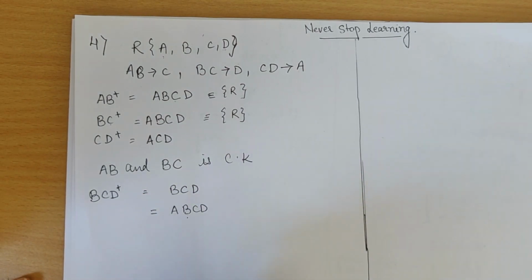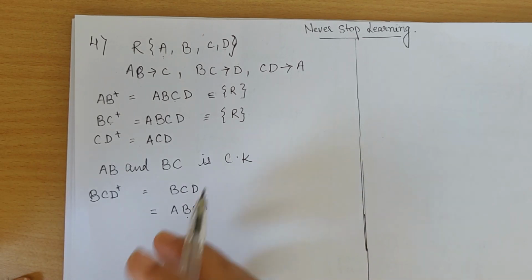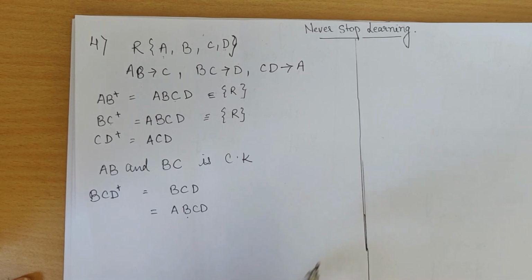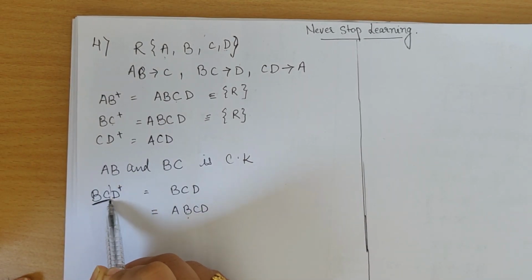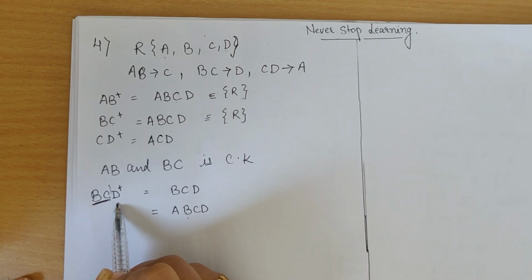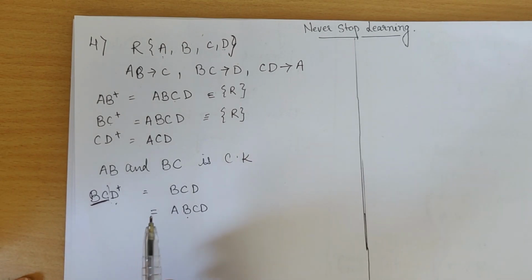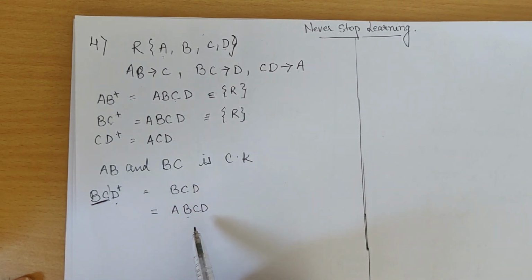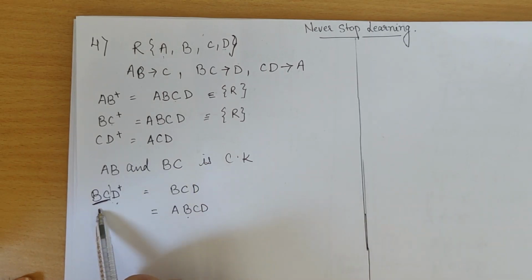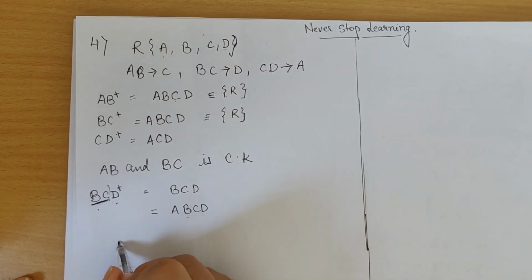Why? Because in the beginning I told you the definition of candidate key, that a minimal super key can be a candidate key. Already BC is a candidate key. Now if I add any additional attribute to this, it can be a super key, but it will not be a candidate key, right? So although BCD together has the power to determine the entire relation R, then also BCD will not be a candidate key.